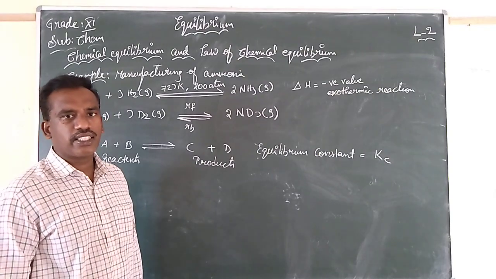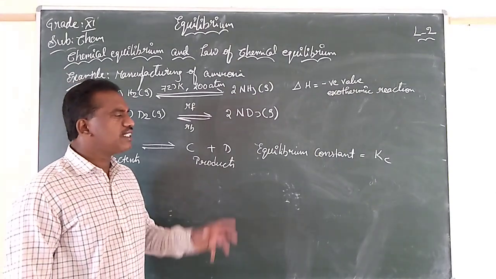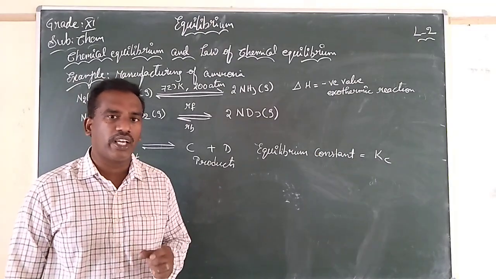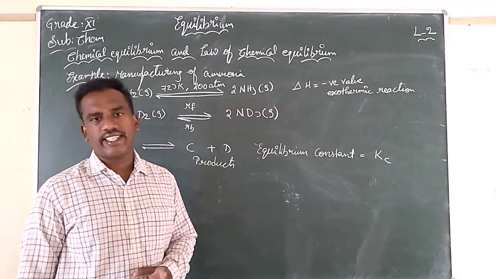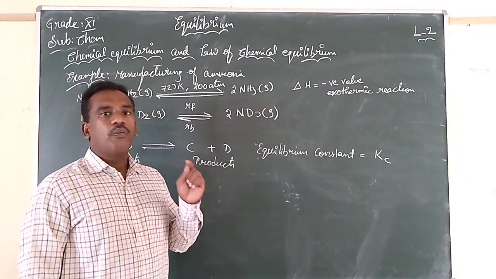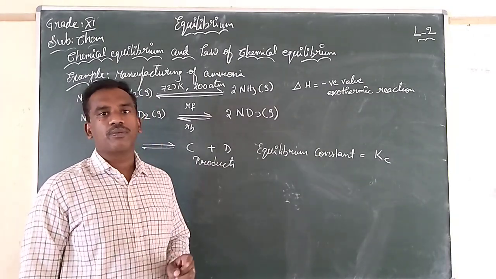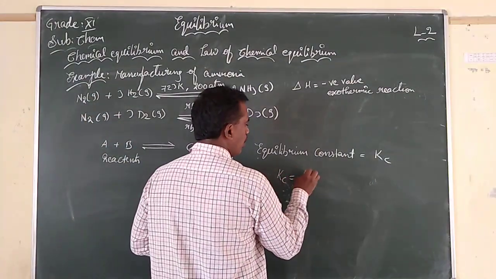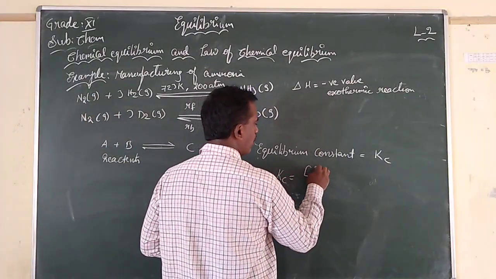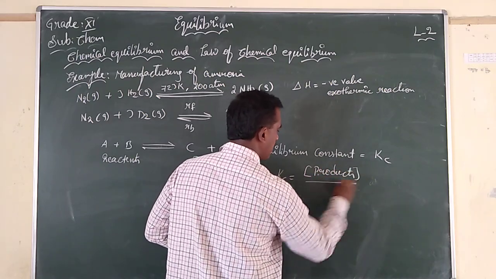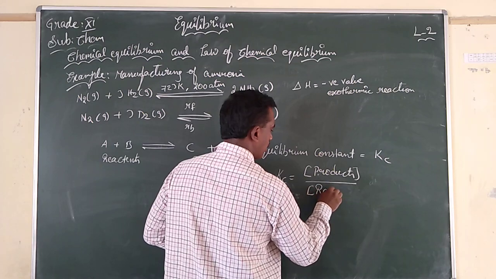What is this Kc? It is the ratio of the concentration of products to the concentration of the reactants.